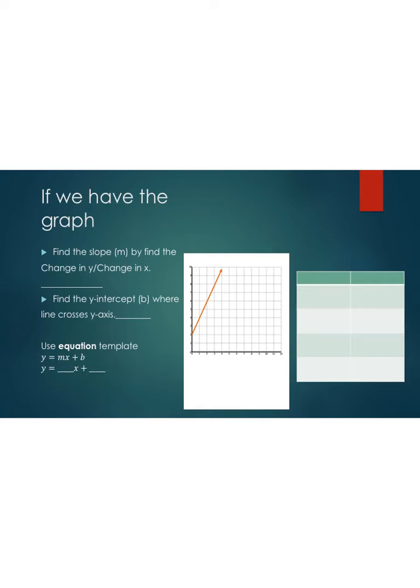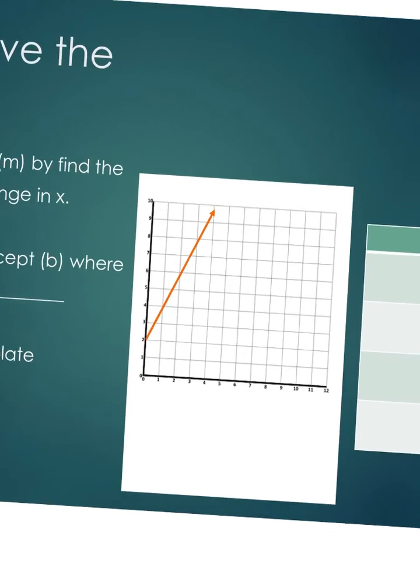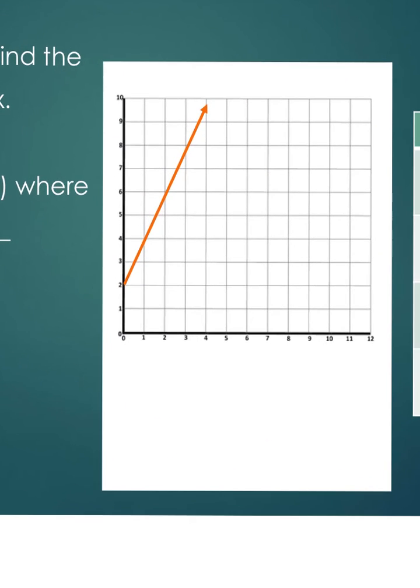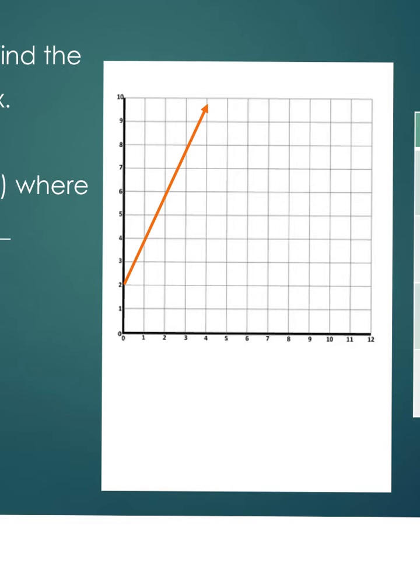So first we're going to look at what we know about the graph. There's a couple of things that we can look at. One is we want to find the y-intercept, which is 0, 2.